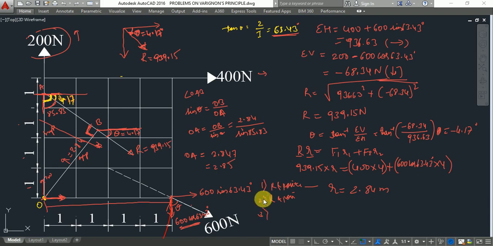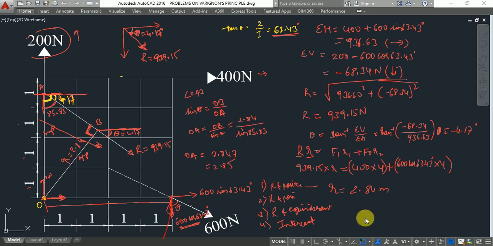In the third problem we found the resultant, and upon finding that resultant we found the equilibrant. And this is the fourth category of problem where we need to find the intercept, that is the x-intercept and y-intercept. So these are the four categories of problems.